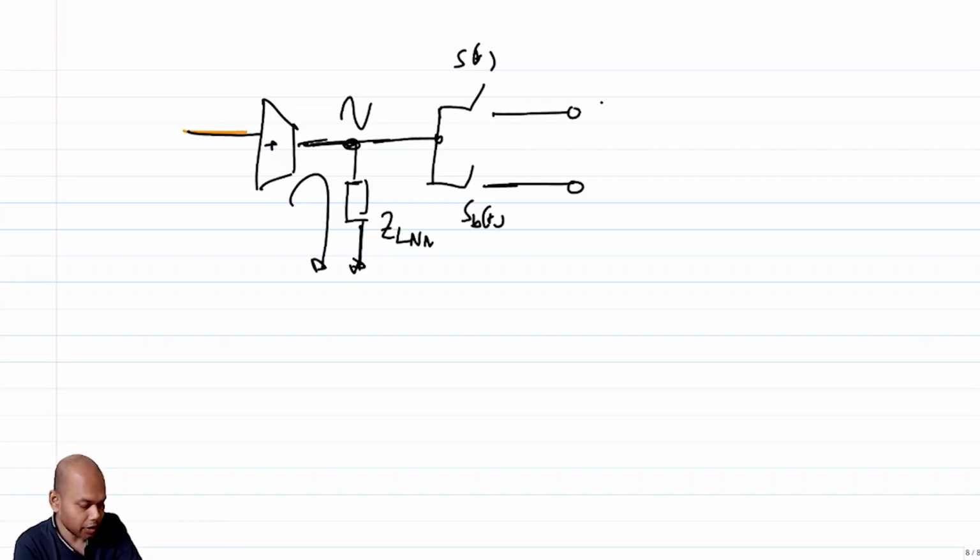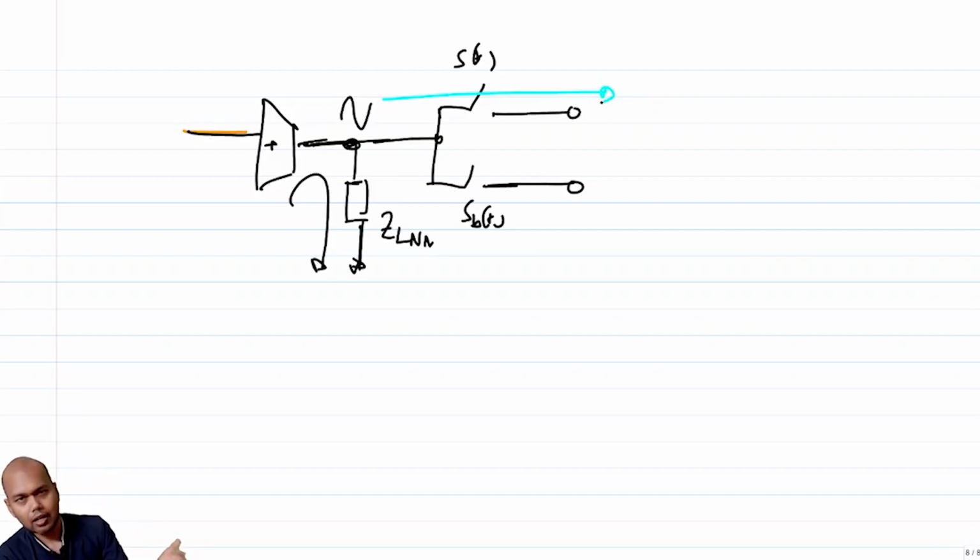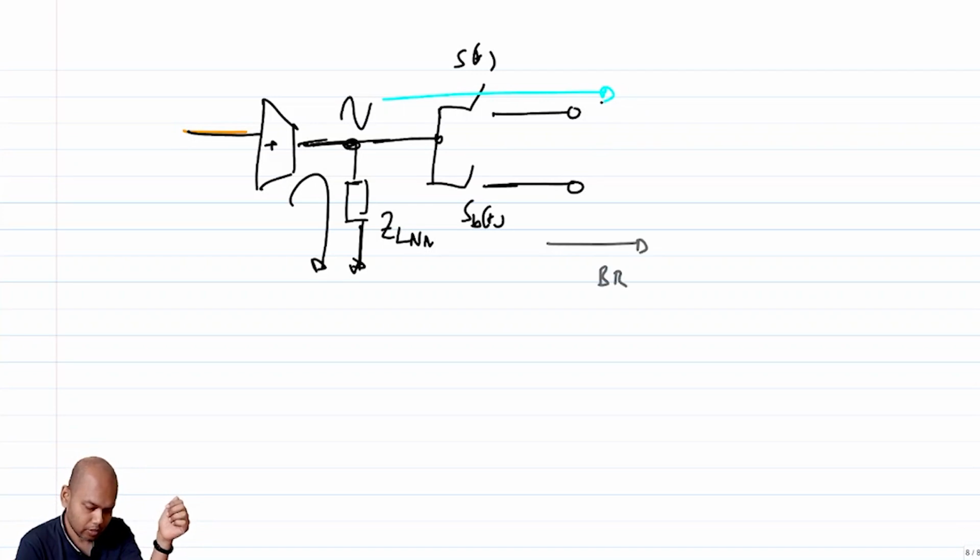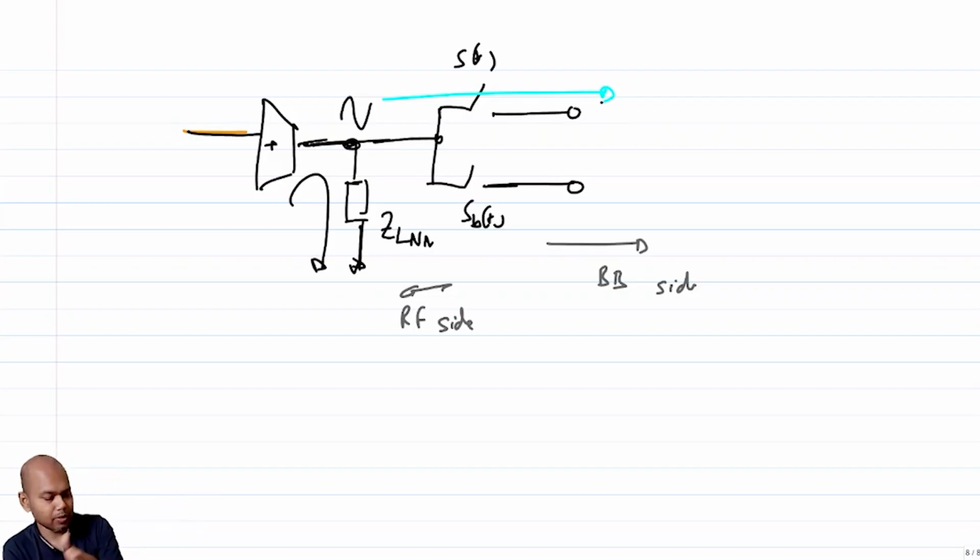The current was going in, and we are hoping that there is some impedance on this side, and the voltage was getting formed across the impedance on the baseband side, right? So this is the baseband side, and this is the RF side. Why am I calling this baseband side and RF side?